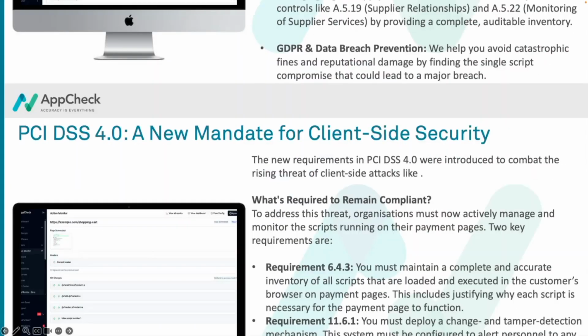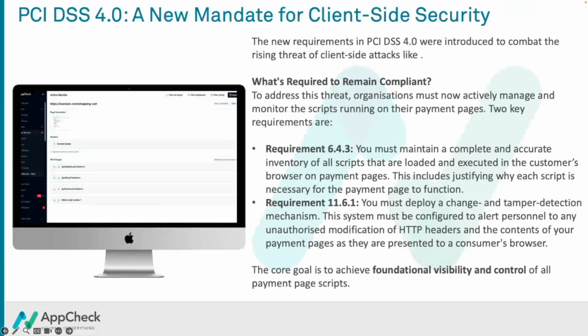Just drilling into the mandate for PCI DSS 4 more. So the requirements around here were introduced to combat some of this risk and threat. What's required to remain compliant? Well, to address this, organizations now must actively monitor scripts running on their payment pages, and there are two key requirements. You must maintain a complete and accurate inventory of all scripts that are loaded and executed in the customer's browser on payment pages, and that includes justifying why each script is necessary for that page to function.